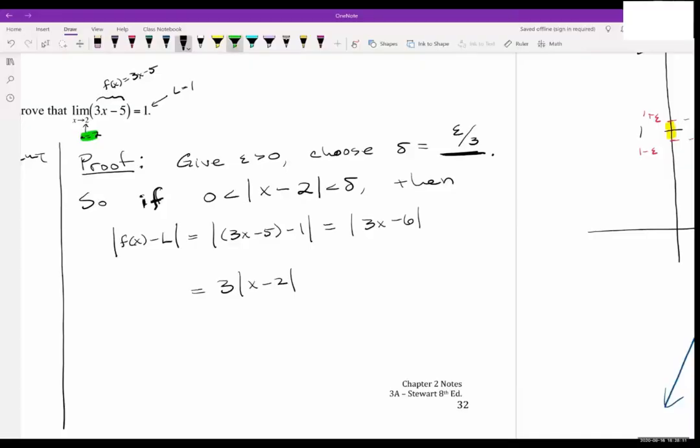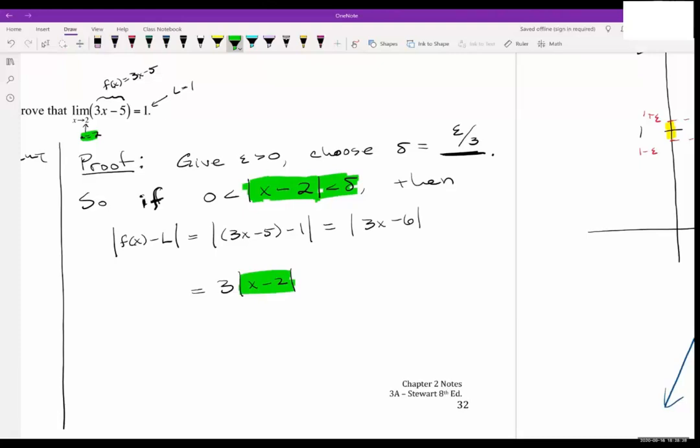Now, I know that this green portion, this green absolute value, the distance between x and 2, is less than delta. But isn't green right there also? Yeah.